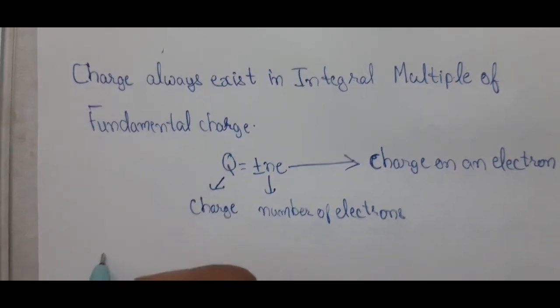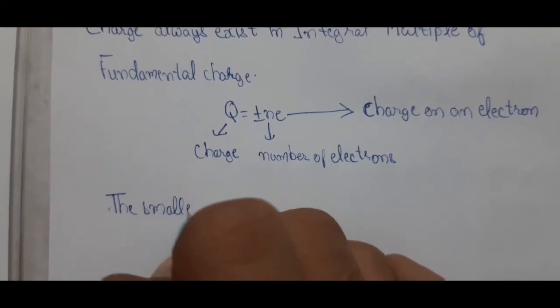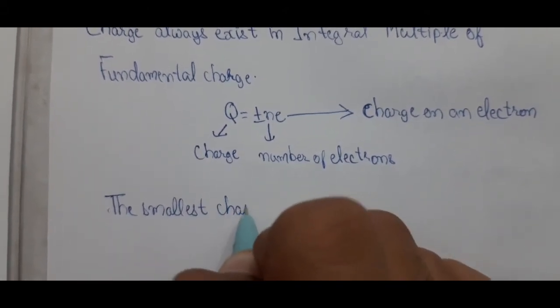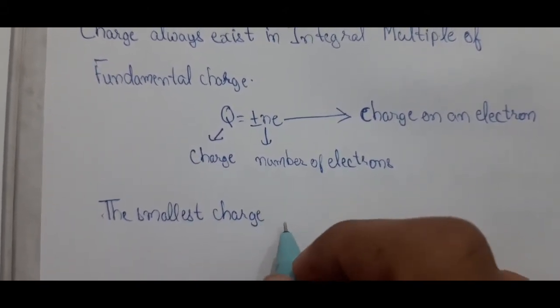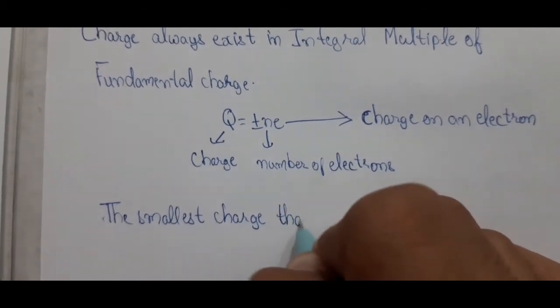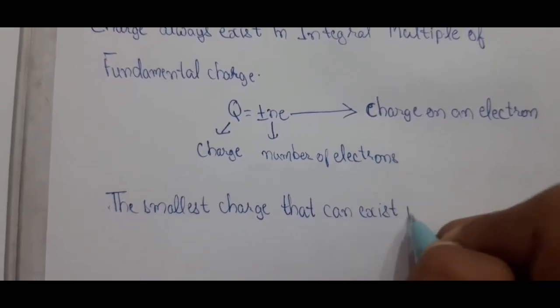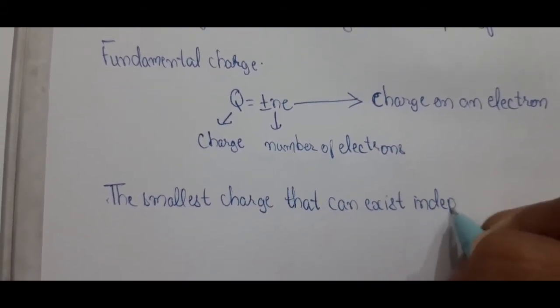So friends, the smallest charge that can exist independently is the charge on an electron.